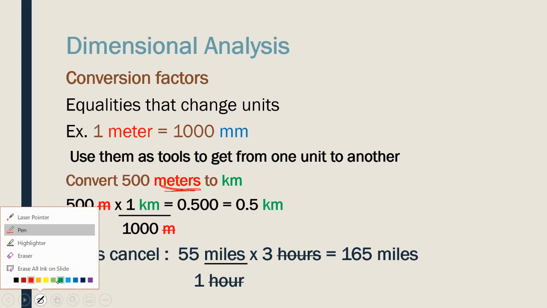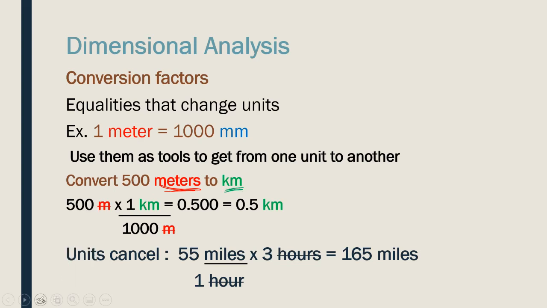And the kilometers is green. So we're playing this game where we start with red. And in order to get to green, we need to use this domino. And this domino needs red at the bottom and green at the top in order for that to get converted from red to green. So that allows the red to cancel and the green to stay up.